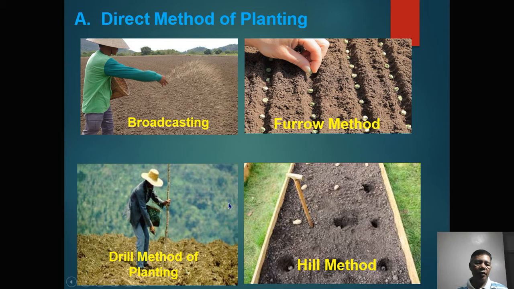Another method is the drill method of planting. The manner in which this is done is that the farmer drills or makes a hole, and the hole is somehow 2 centimeters.